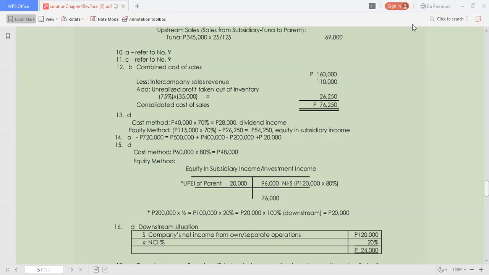So in number 12, we have the combined cost of sales of 160,000.